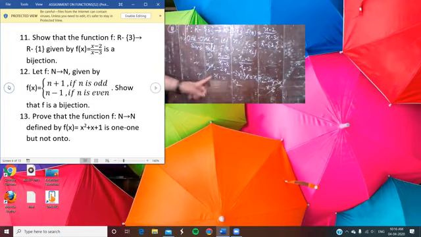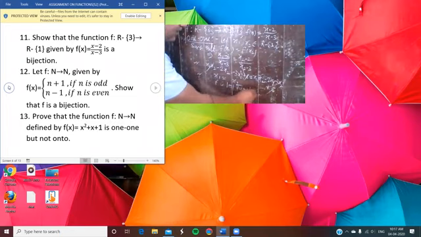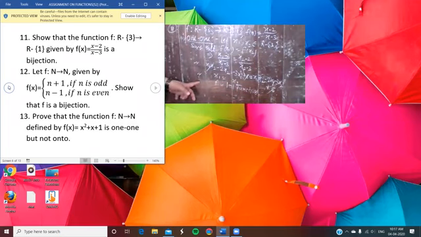So finally, for distinct elements x1, x2 from the domain, f(x1) equal to f(x2) implies x1 is equal to x2. So you can say f is a one-one function. In this way, you prove it.